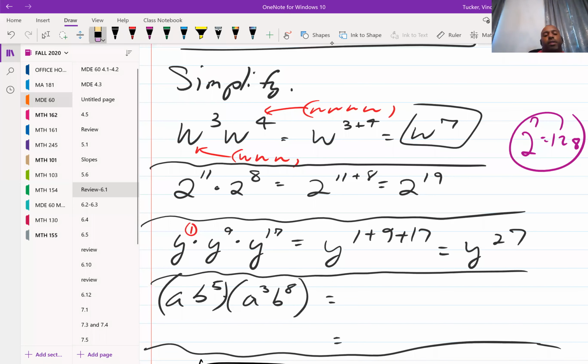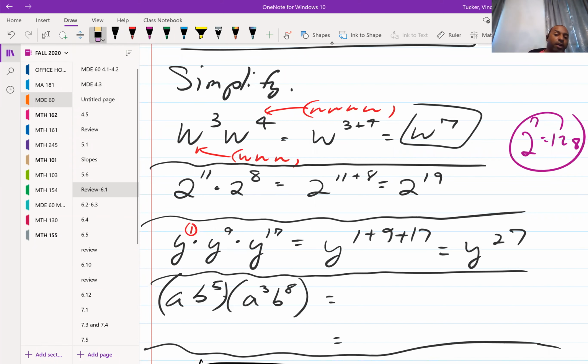All right, next one, a times b to the 5th, or just ab to the 5th, times a cubed b to the 8th. So that 5th is only applied to b, and then it's, like I said, a cubed b to the 8th. So what you would do is bring the like bases together.